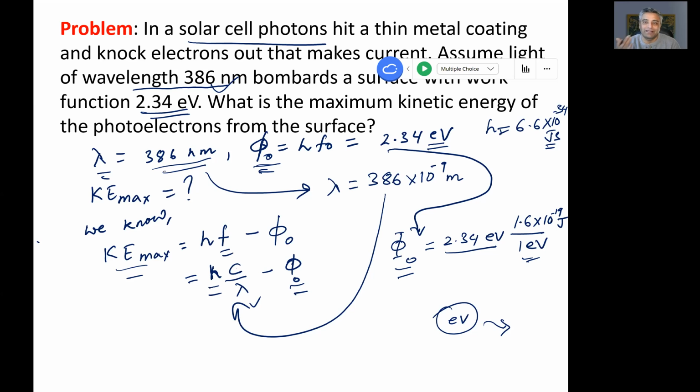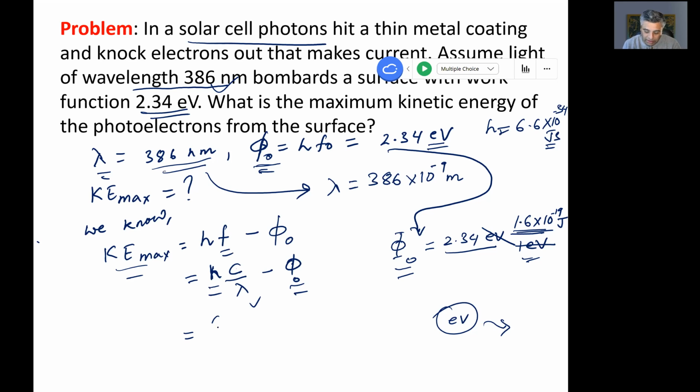So when you multiply by 1, nothing changed. So electron volt cancels, giving you that. Now whatever energy you get is going to be in terms of joules.